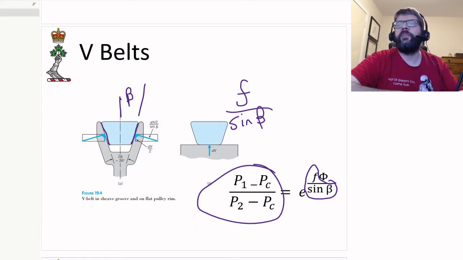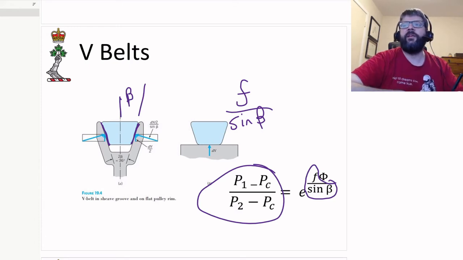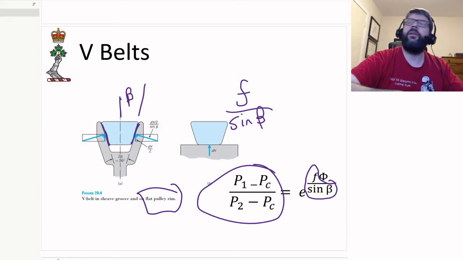So oftentimes what you'll see, they'll go to the effort of machining these grooves or casting sheaves with these grooves in them on the smaller side. And on the other side, on the pulley side, you're going to have the bottom of the V belt just resting on the surface without necessarily needing a V groove, because it's not going to slip on this side.